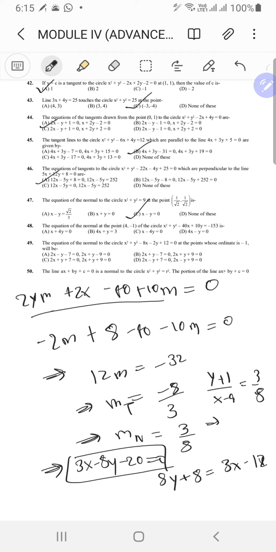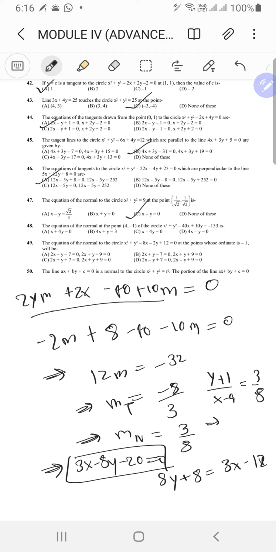So when I put 4 in this, yeah, that's definitely correct. And then 12m is equal to -32. Yes, that is correct. So what's going wrong?